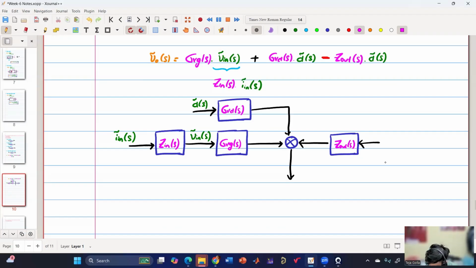I naught tilde. So I write I naught tilde of s. Now tell me the signs, which is plus, which is minus. Z out is minus. Everything else is plus. Yes, this is minus, these are plus, and output is V naught tilde plus. So this is the overall block diagram.